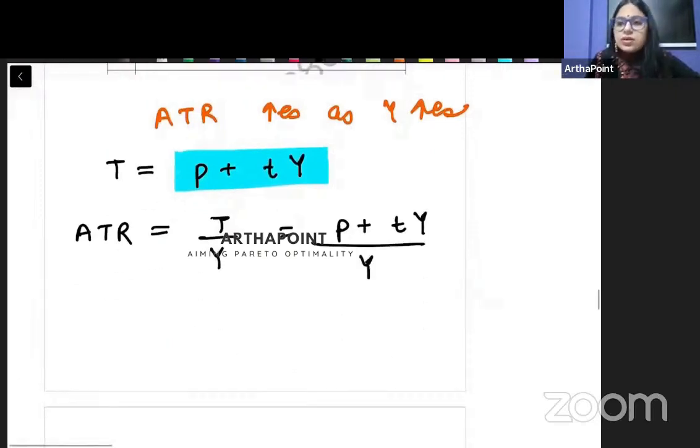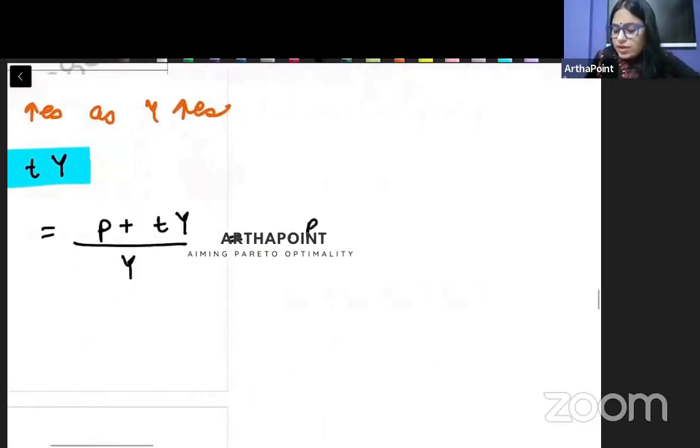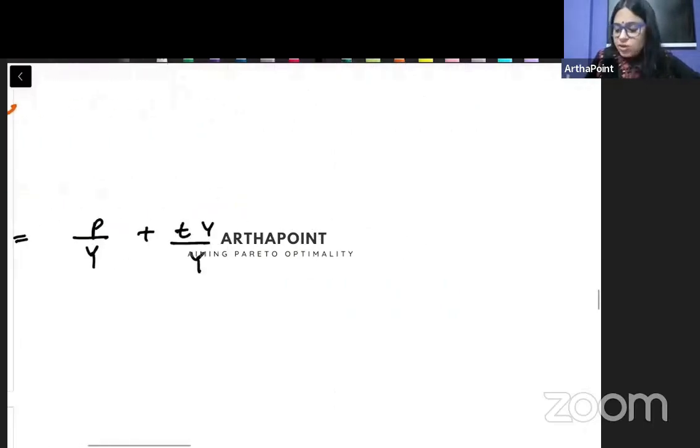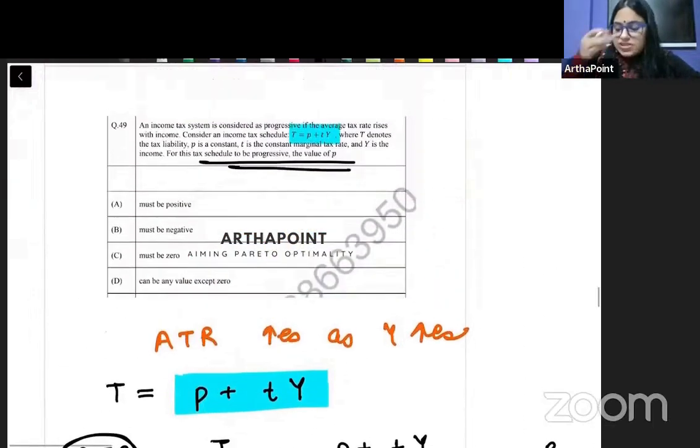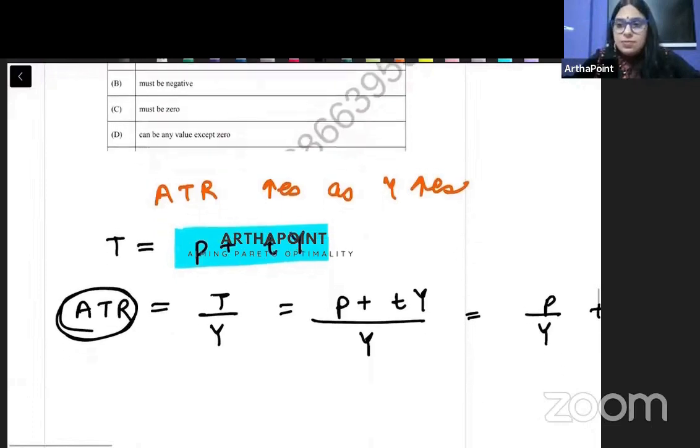Income से divide कर दिया. So what will you get? You will get P by Y plus TY by Y. So beta, you will get P by Y plus T. Am I clear? This is your average tax rate. Beta, how is this defined? What is this saying? It is progressive if average tax rate rises with income.